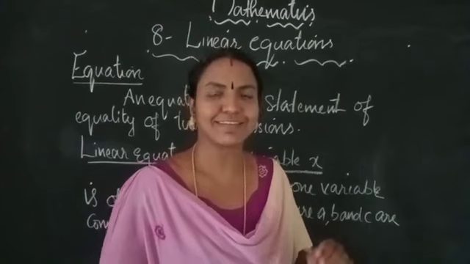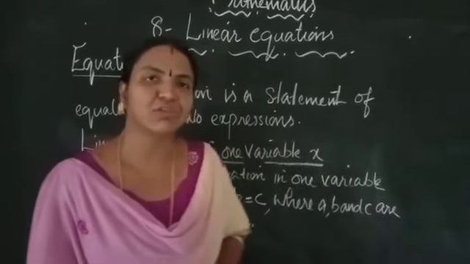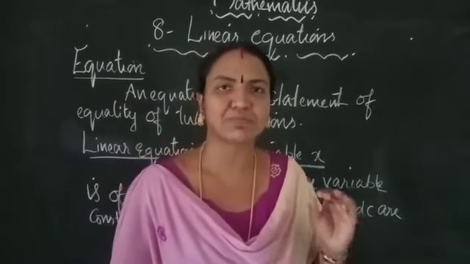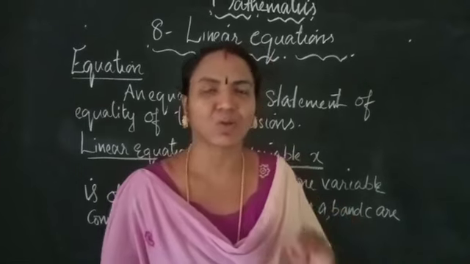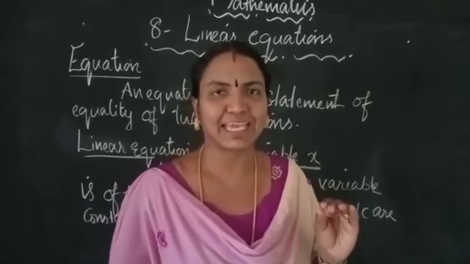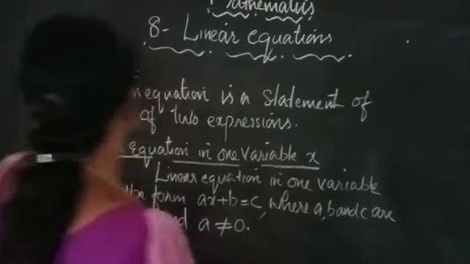Next we shall discuss the linear equation in one variable. The general form of the linear equation in one variable is ax plus b is equal to c, where a, b and c are constants and a, the coefficient of x, is not equal to 0.